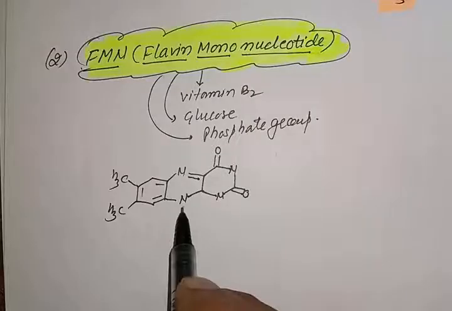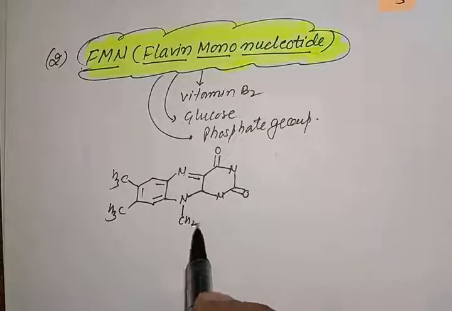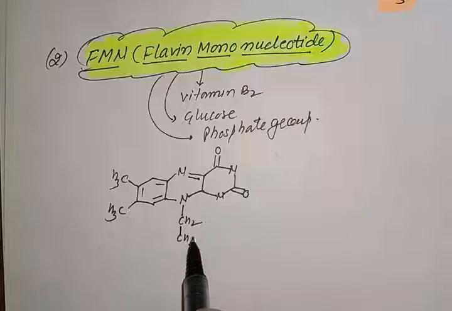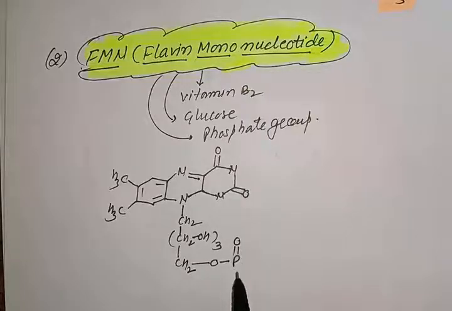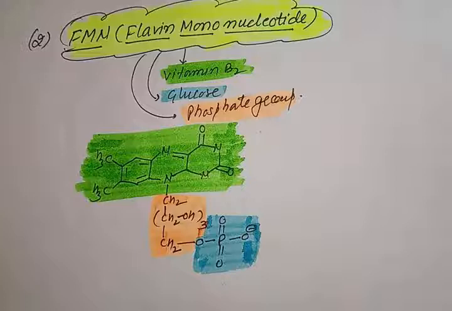This is the structure of vitamin B2, and here is the sugar chain, CH2 with CH2OH. This unit repeats three times, and then there is a CH2 and one phosphate group attached at the end. This is our structure of the flavin mononucleotide.